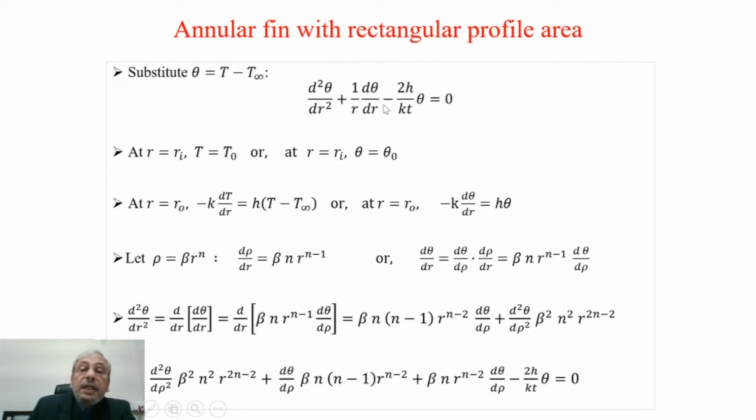So we have found d theta by dr, and we have changed the independent variable from r to rho.